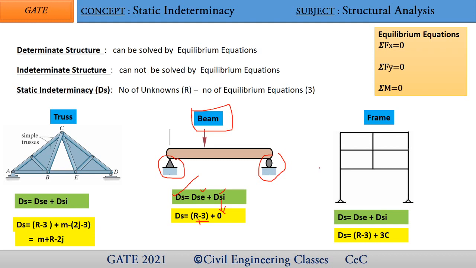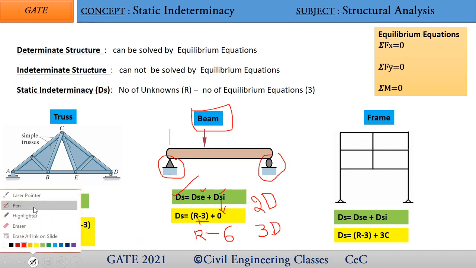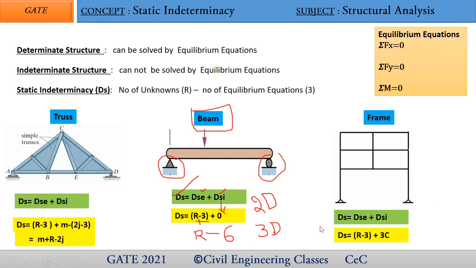And these are the formulas for a 2-dimensional case. Suppose there is a 3-dimensional beam, then we should apply the formula R minus 6. So hope you understand the difference between the 2-dimensional as well as the 3-dimensional. And the next one we will see is frame.